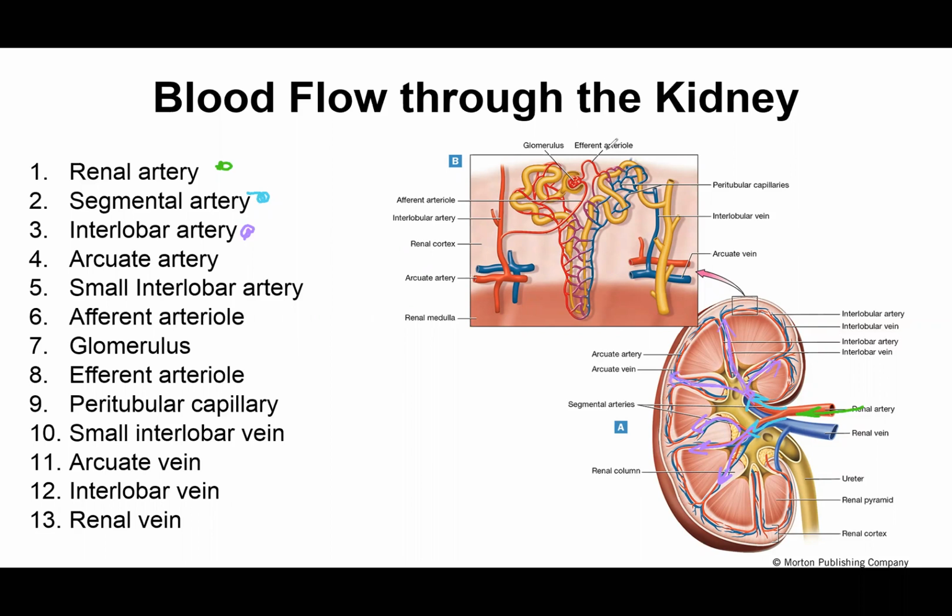All right, and once those interlobar arteries reach this outer cortex area, they are going to basically turn around and they're going to go that way. It's really not the greatest color. Let me pick another color so we can see that a little better. Okay, they're going to go that way.